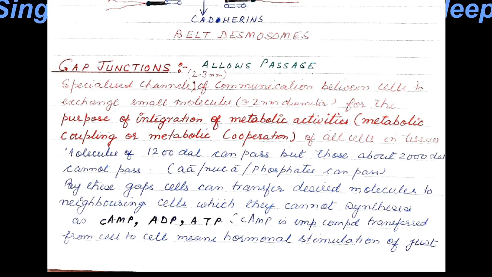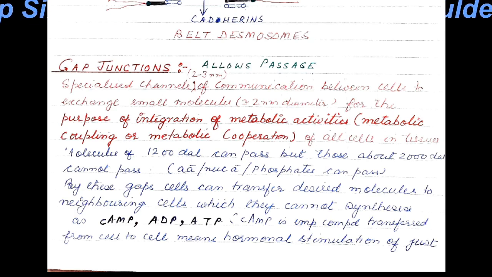The gap junctions are actually specialized channels of around 2 to 3 nanometers, for communication between cells and exchange of small molecules of around 2 nanometer diameter for the purpose of metabolic integration. As I mentioned, for metabolic coupling or metabolic cooperation, these gap junctions are very important.